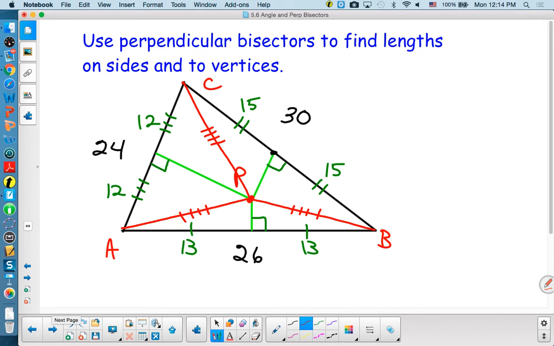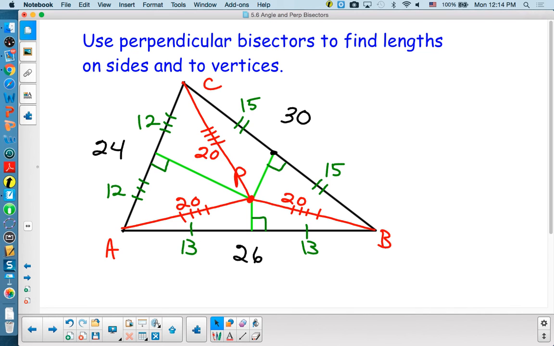And if I tell you that from P to C is 20, P to A is also 20, P to B is also 20. So there are some lengths that are the same.